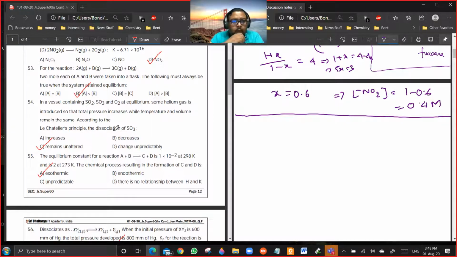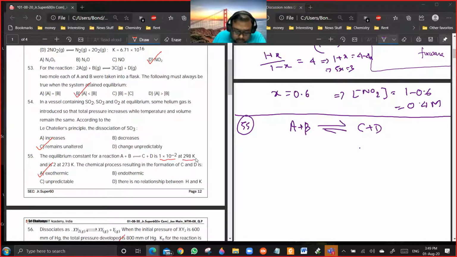55. Okay, so in 55 they are saying that for the equilibrium A plus B giving C plus D, at 298 Kelvin the value of K is 10 power minus 2, and at 273 Kelvin the value of K is 2.